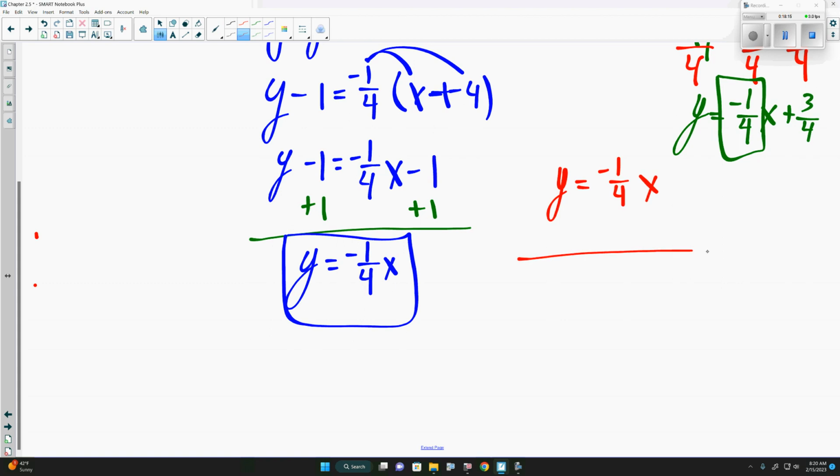So if we're starting with this here, first thing we need to do is add 1/4 x to both sides, which just tells us that 1/4 x plus y is equal to 0. In standard form, x is always first, y is second. Any questions on this here?